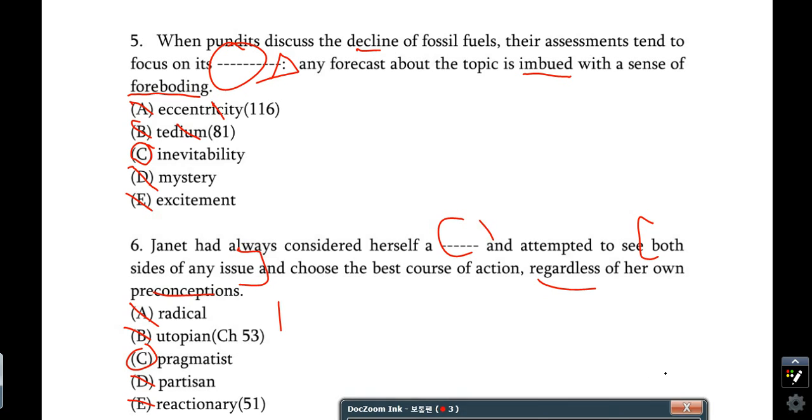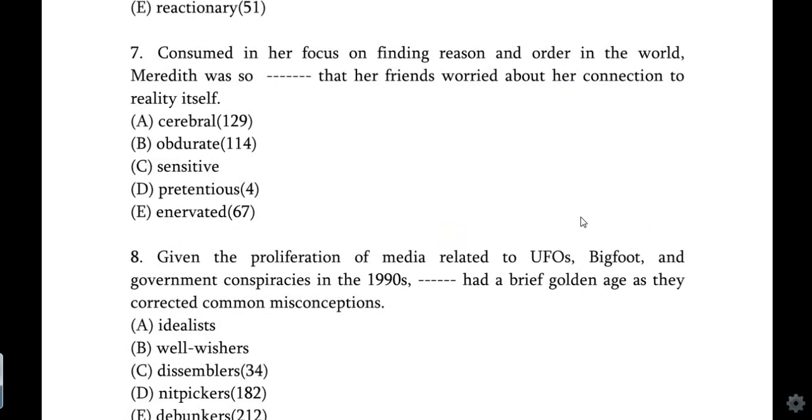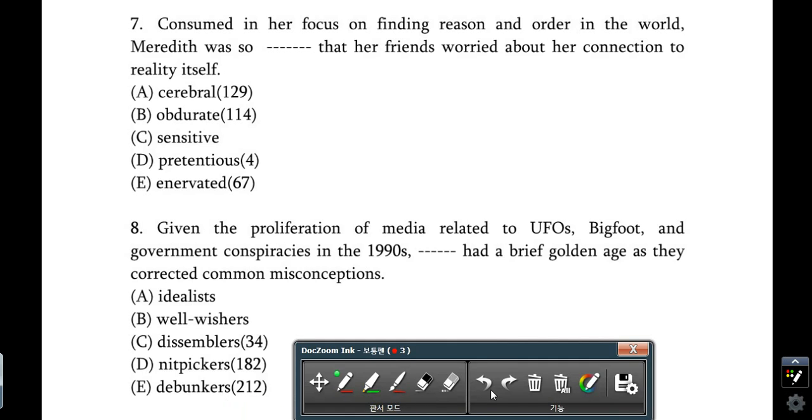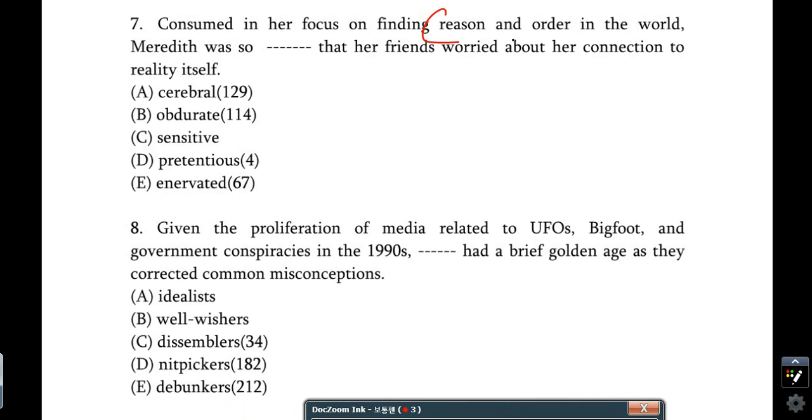biased in some way. Number 7, consumed in her focus on finding reason and order in the world, and these are pretty obviously some targets there. Meredith was so consumed in her focus on finding reason and order in the world that her friends worried about her connection to reality itself. So she wants to find reason, and that would be cerebral.